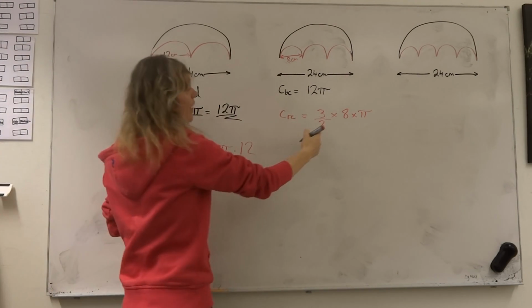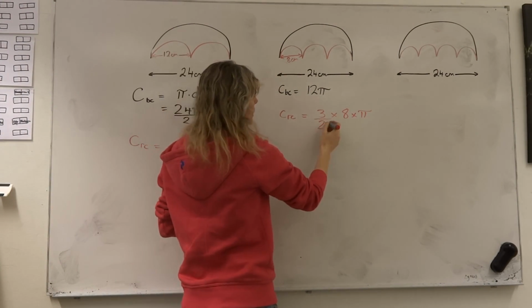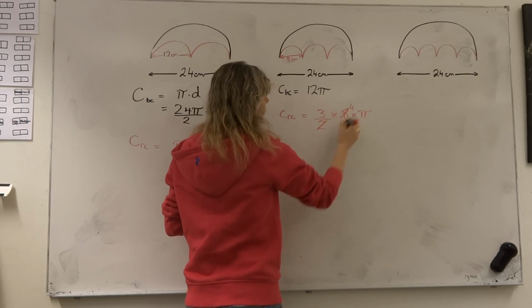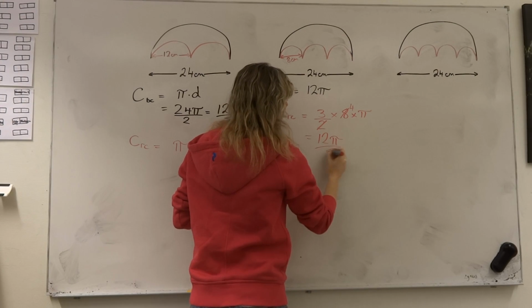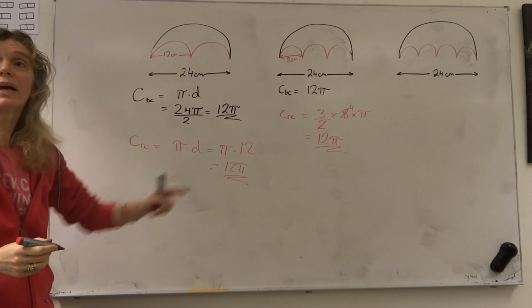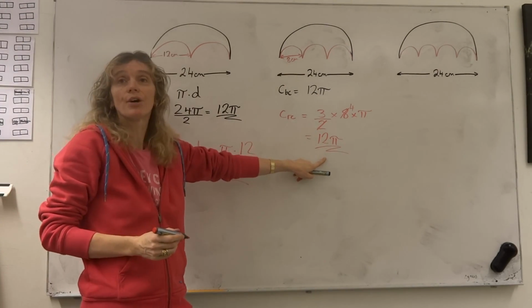Now we can simplify this. The 8 divides by 2 to give us 4. So we get 3 4s, 12 pi. Oh look, we get 12 pi when it's 3 semicircles too.